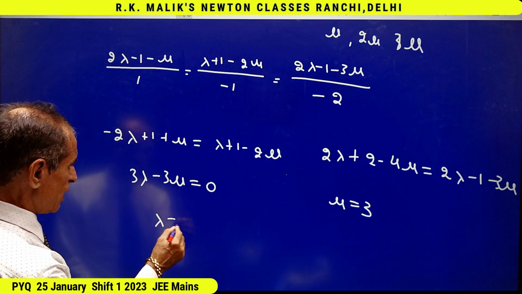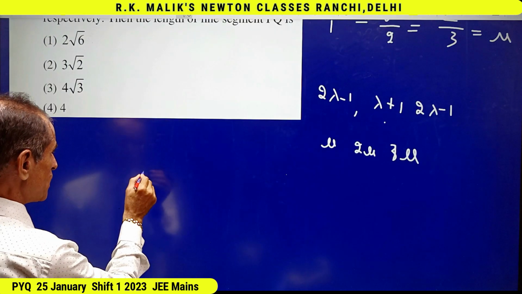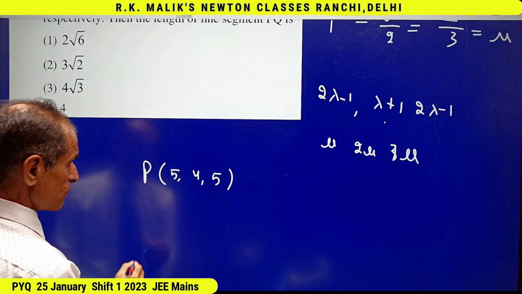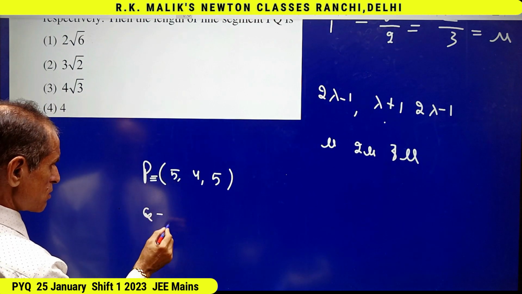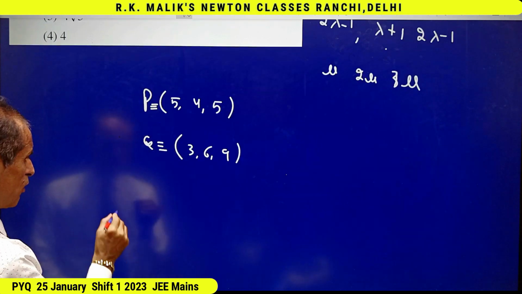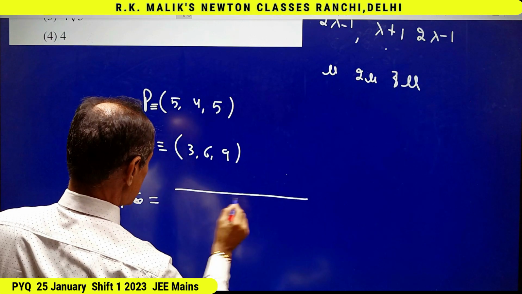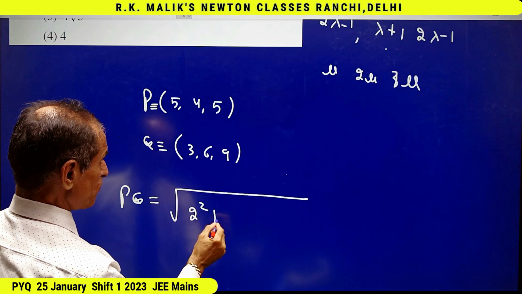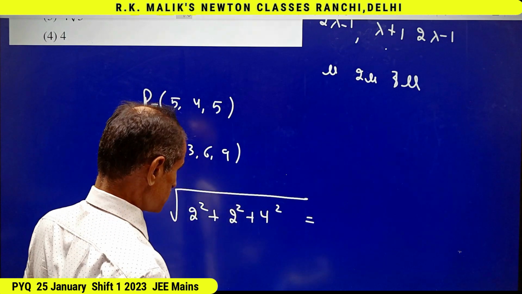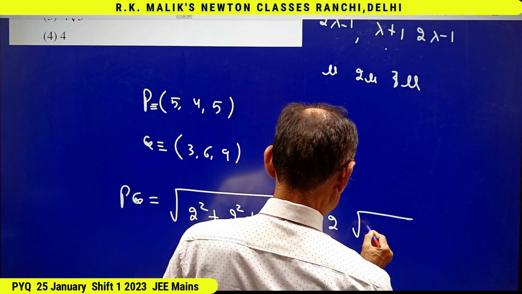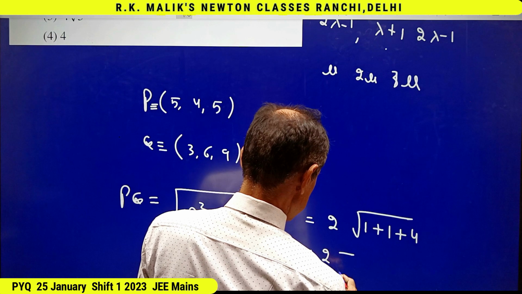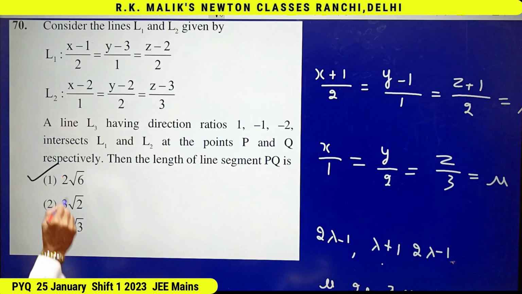Hence I can say lambda is also equal to 3, and therefore the point P becomes (5, 4, 5) and the point Q becomes (3, 6, 9), and therefore the length PQ becomes the square root of 2 squared plus 2 squared plus 4 squared, that is 2 root 1 plus 1 plus 4, that is 2 root 6. Hence I can say the first choice is the correct choice.